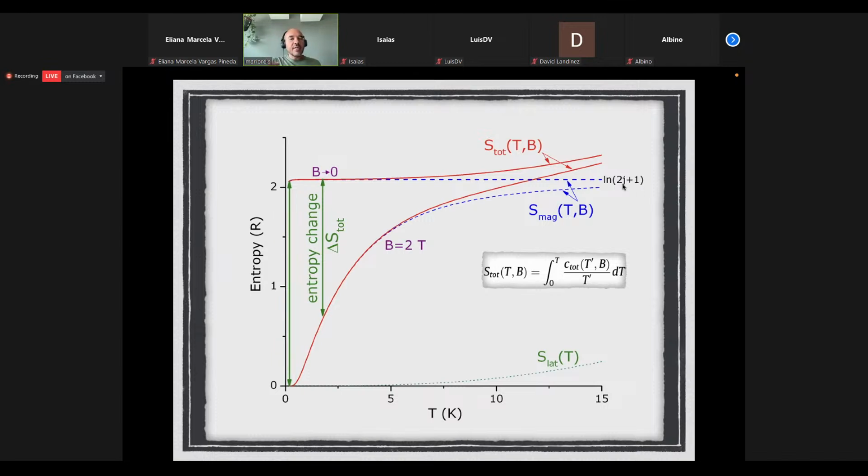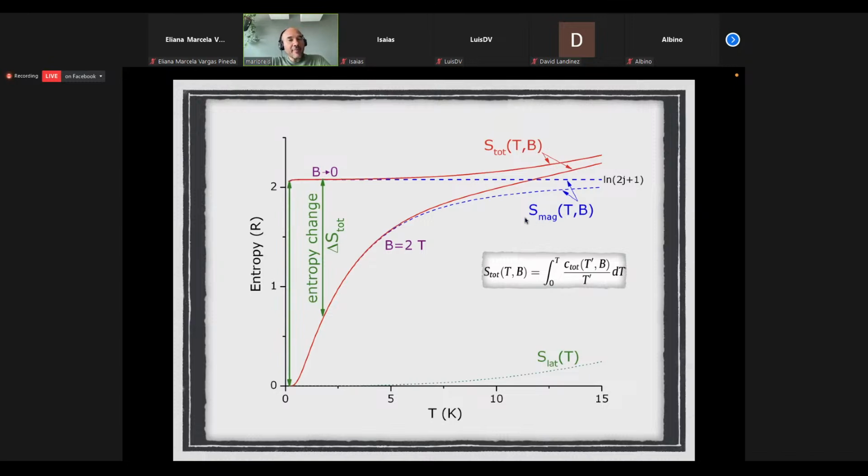J here is the total angular momentum. It can be S, depends on the material. For gadolinium, for instance, it would be 2S plus 1. Okay? And then the total entropy is the sum of the lattice contribution and the magnetic contribution.